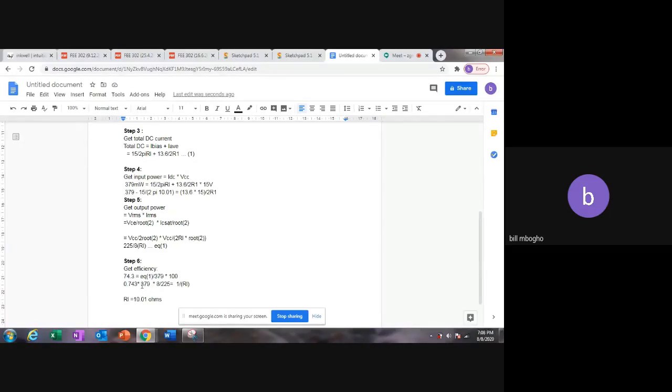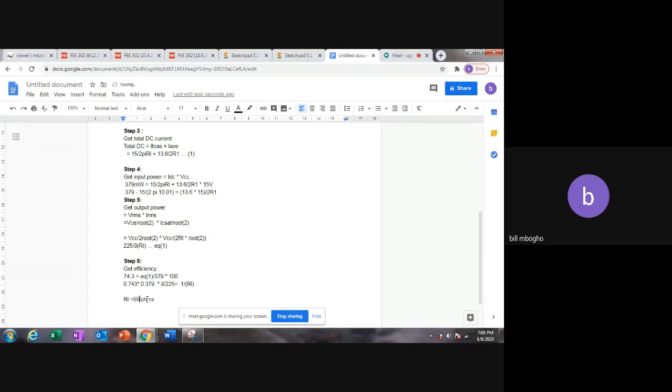It's supposed to be 0.379. 0.743 times 0.379 to change milliwatts to watts, times 8 because we are bringing the 8 to the other side, divided by 225 equals 1 over RL.